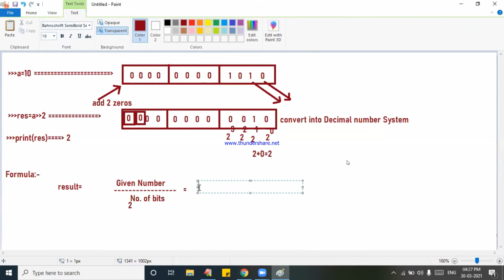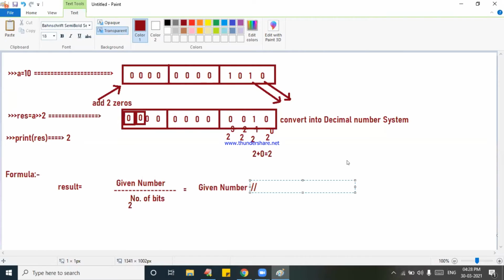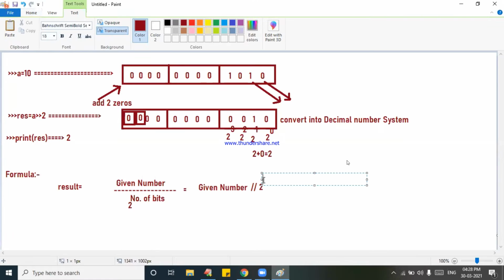In Python language, if you want, it is given number double slash 2 to the power of number of bits.